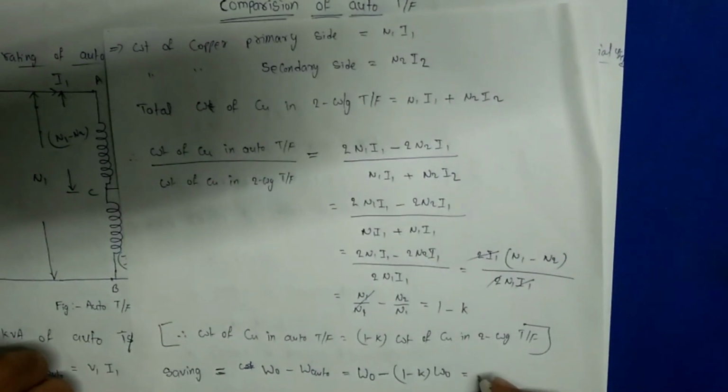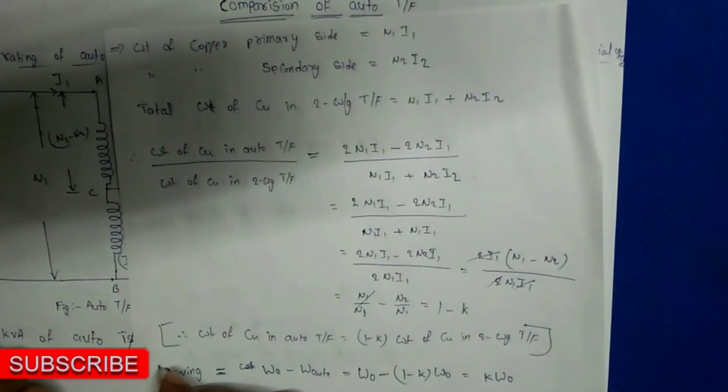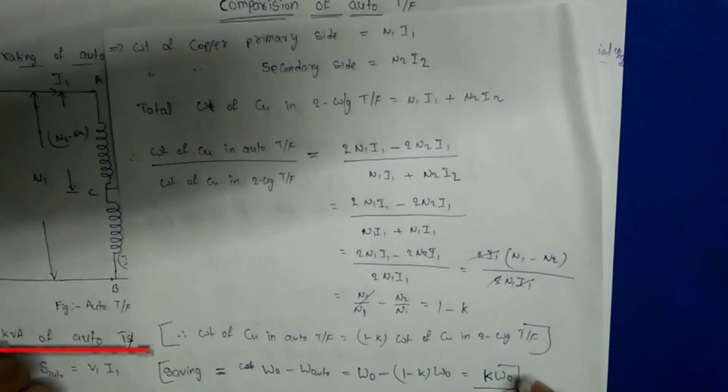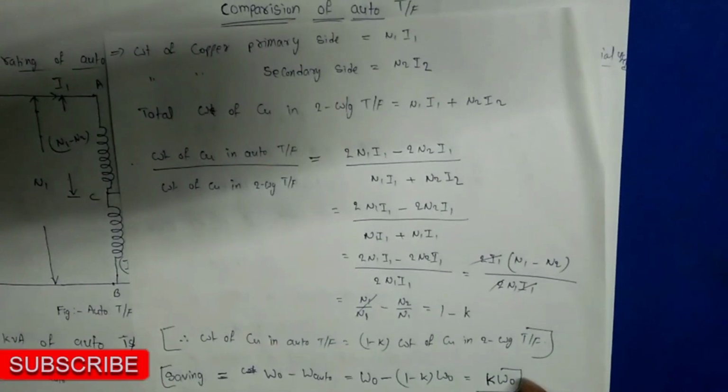Then we will get K W naught. From this discussion it is clear, as K approaches unity, the saving will increase.